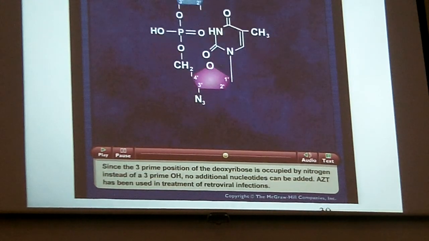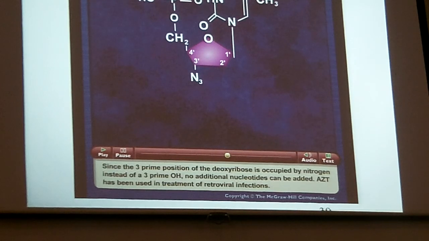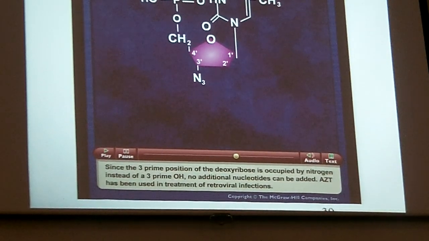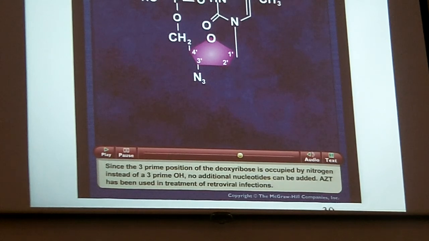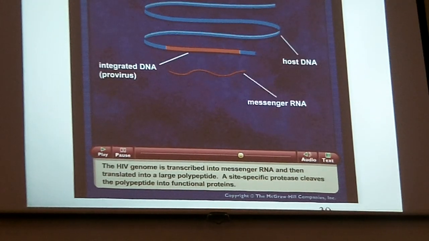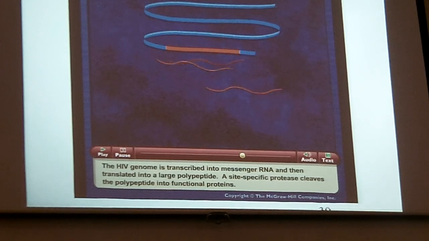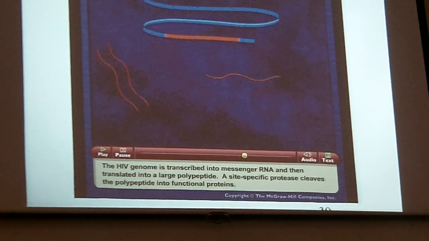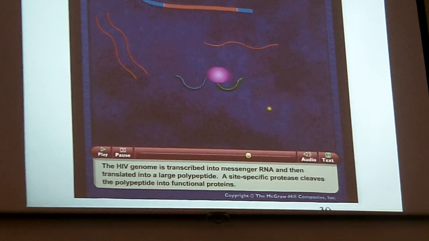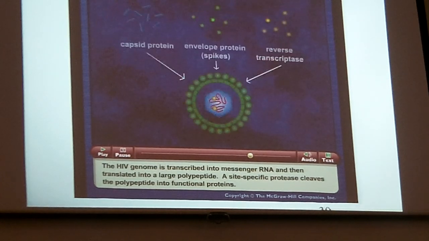Since the 3' position of the deoxyribose is occupied by nitrogen instead of a 3' OH, no additional nucleotides can be added. AZT has been used in treatment of retroviral infections. The HIV genome is transcribed into messenger RNA and then translated into a large polypeptide. A site-specific protease cleaves the polypeptide into functional proteins.